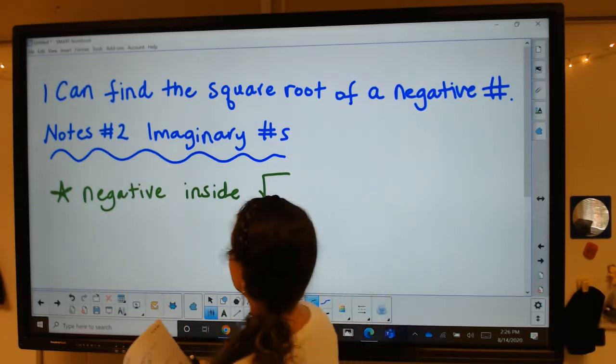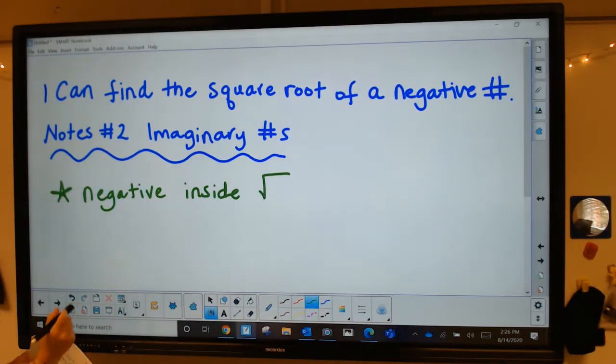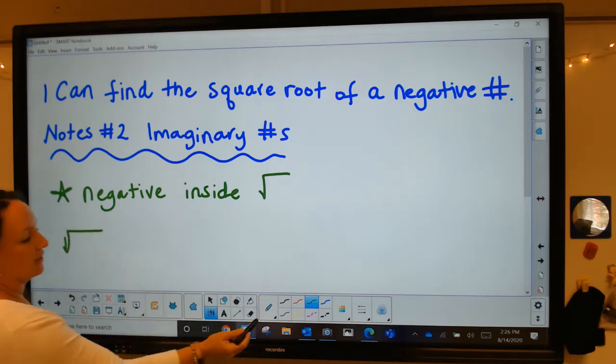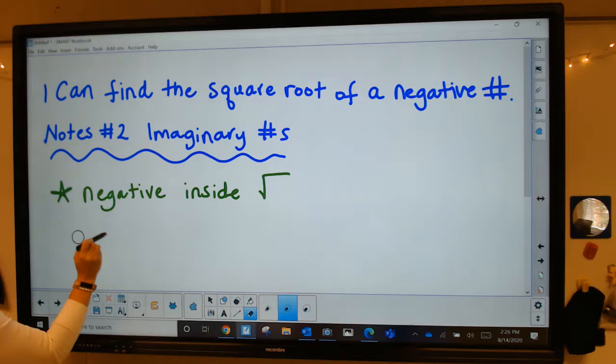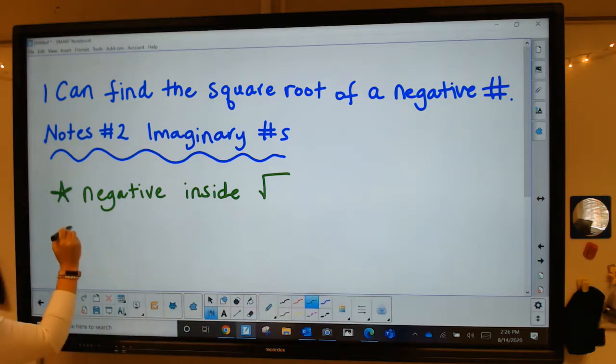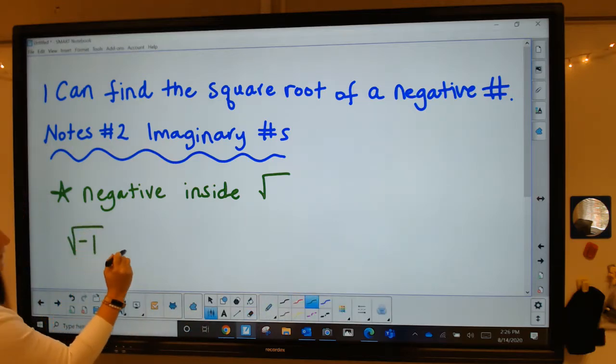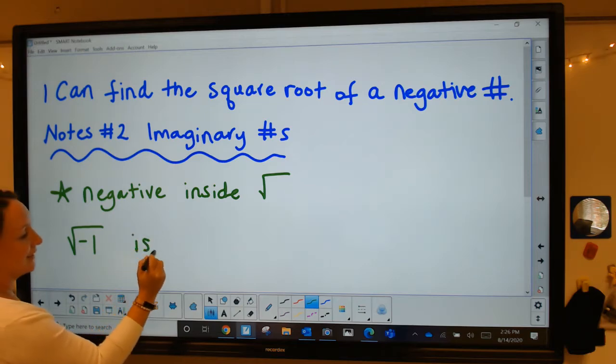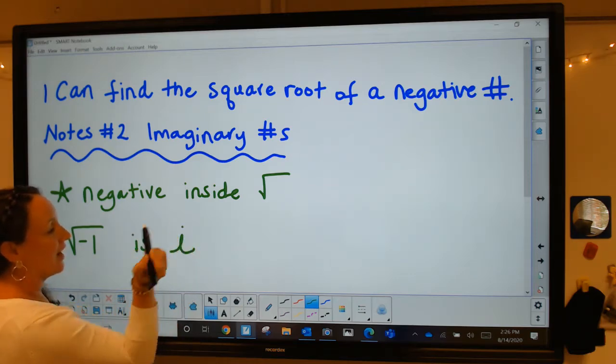So when there's a negative inside of the square root, we're going to use this idea. The square root of -1 is, this is the letter i.